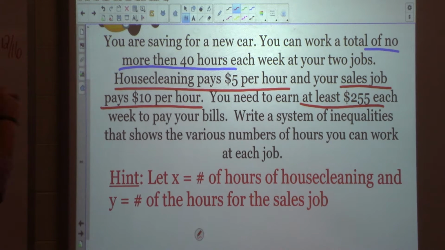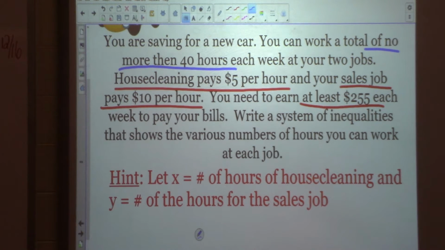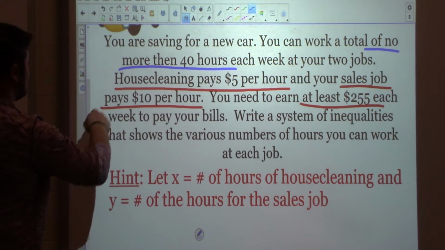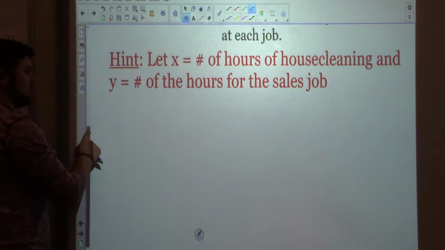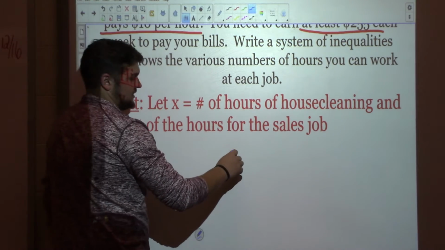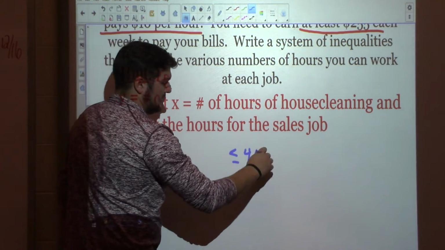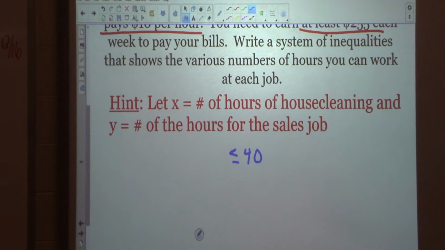Alright, if I want to write an inequality for how much I'm going to work in a week, what can I write? Well, I know it has to be no more than 40 hours. Well, what is no more than going to be? Less than or equal to 40. I know I can work up to 40, or I can work less than 40, but I can work no more than that 40 hours. So it's got to be less than or equal to 40.